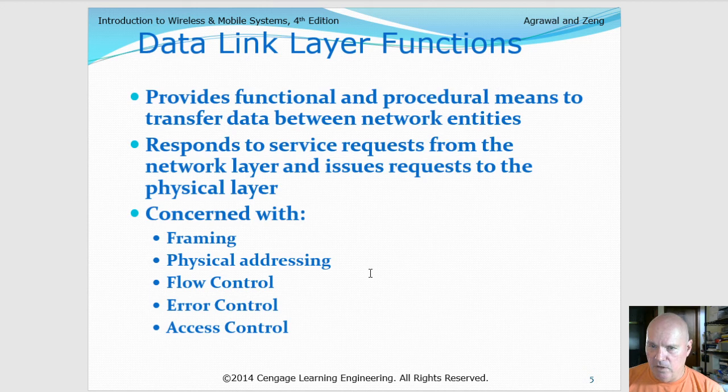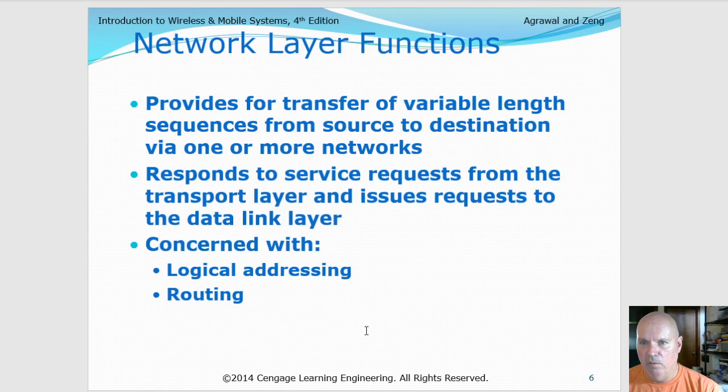It defines the physical addressing that's used, and any flow control: do packets have to be acknowledged? Error control can be present at that level. I think Ethernet uses a basic checksum. Then there's access control, who can access the network.